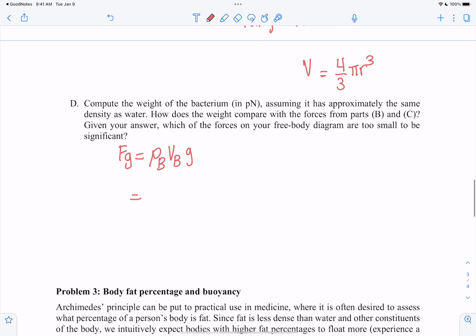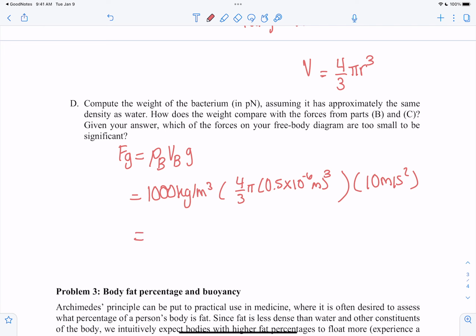So knowing that the density of the bacterium is around the same density as water, that's 1,000 kilograms per meter cubed. Our volume is 4/3 pi times 0.5 times 10 to the negative 6 meters, cubed, and then times 10 meters per second squared.